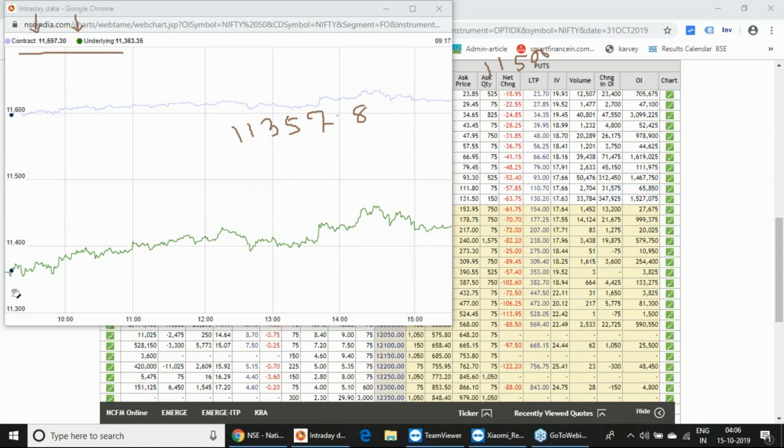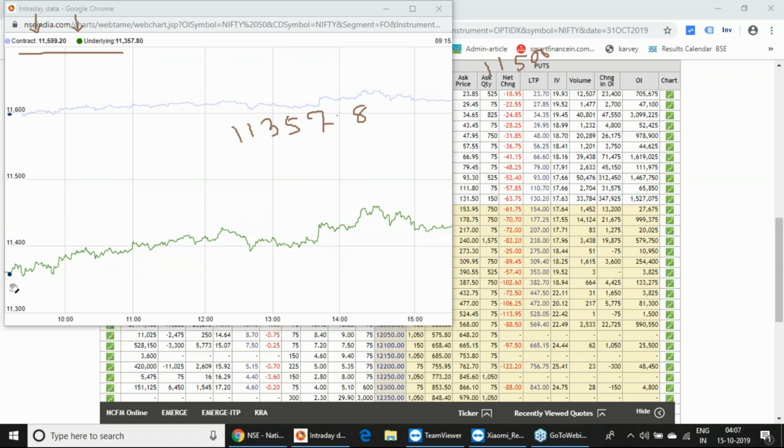At 9:15, this is a 99 rupees 20 paisa premium. The contract is showing 11,599.2, which means 11,500 is the contract, quoting at 99 rupees 20 paisa as premium.